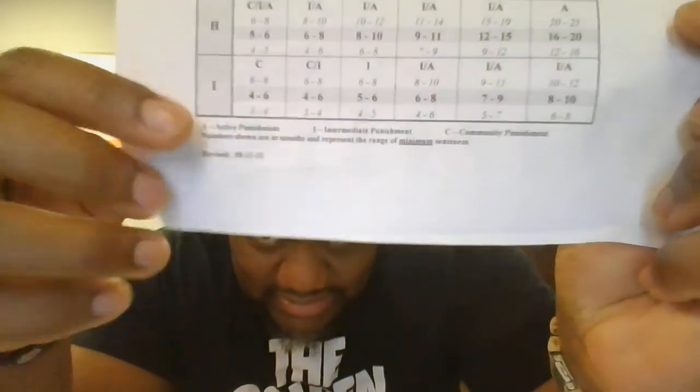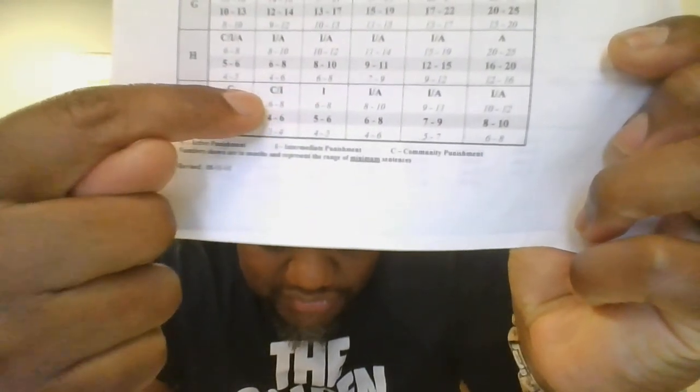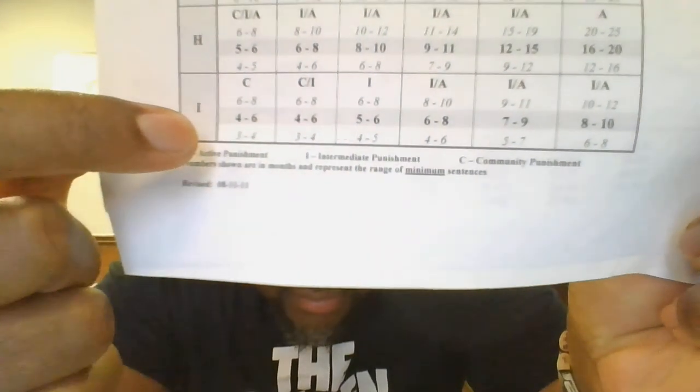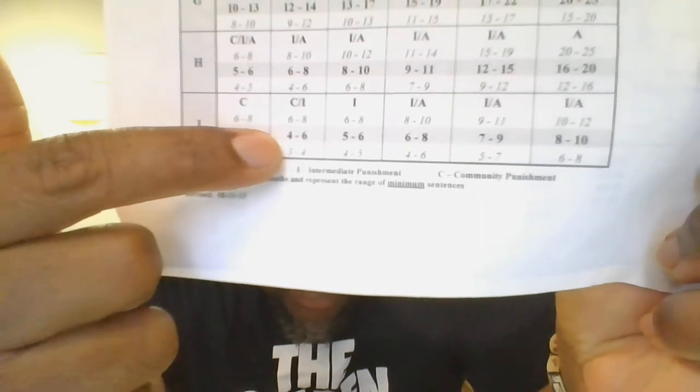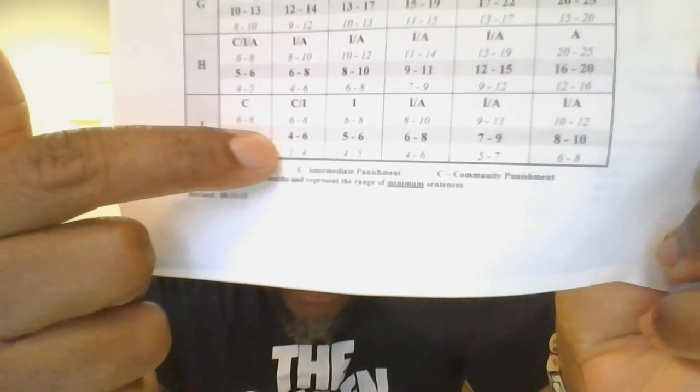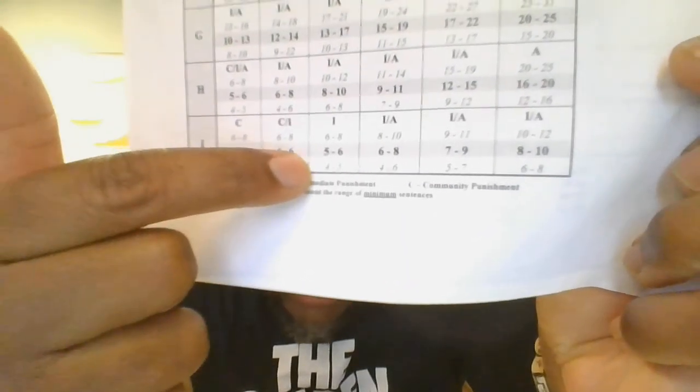Remember I said presumptive sentencing. I'll provide this for you, but if you look, Class I level 2, you have 3 letters at the bottom. At the bottom here, we have what we call your mitigating sentencing.